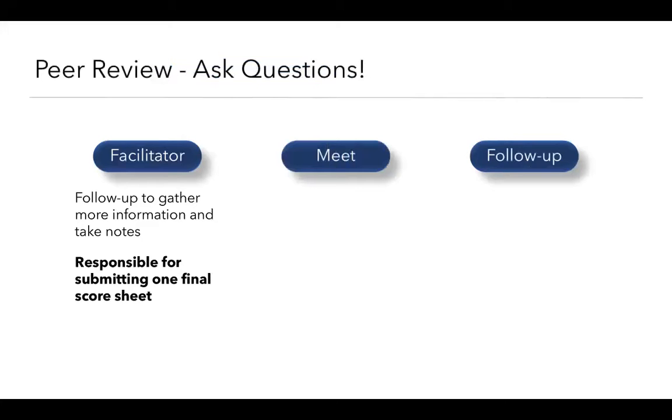That way, on the day that you are going through a peer review, we'll have one person trying to get in touch with a department director to get more information if it's necessary, rather than having the entire team trying to get in touch with a department director. The facilitator is also going to be the one who's responsible for submitting the final score sheet or template. So this is not going to be a massive increase in effort, but just the person who keeps things organized and moving forward.